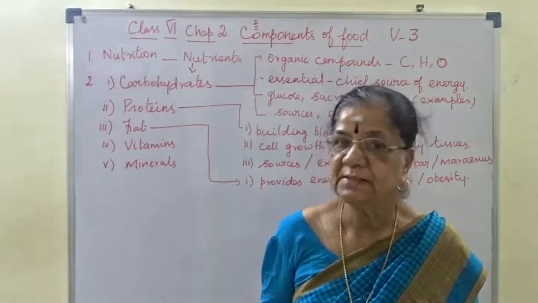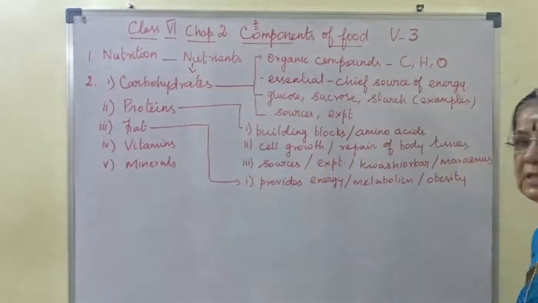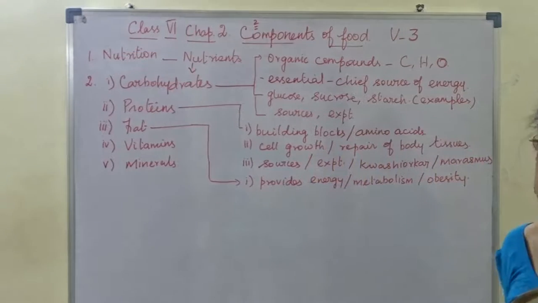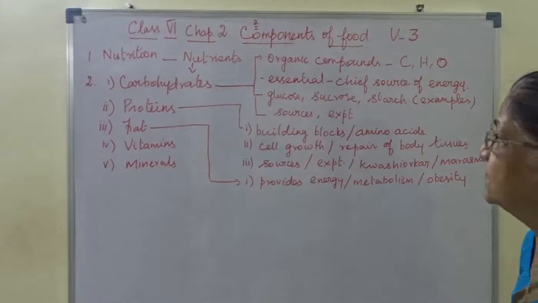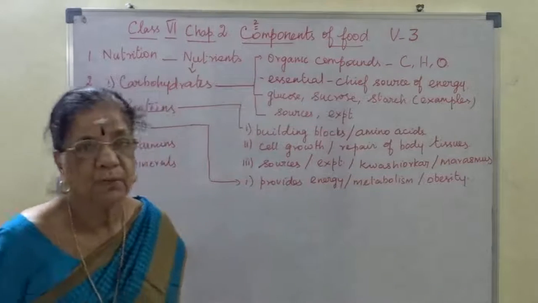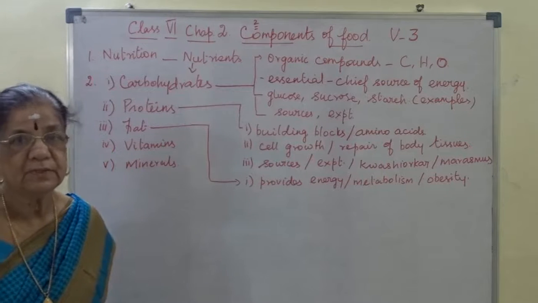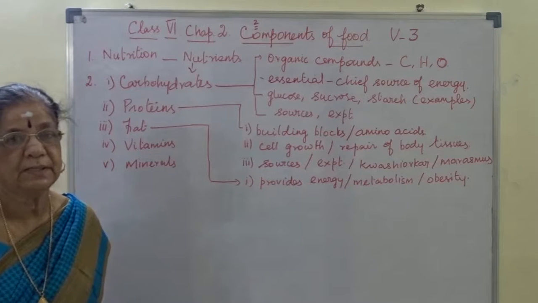Now the second one is components of food. That is chapter 2 in our textbook. What are the components of food? I said they are carbohydrates, protein, fat, vitamins and minerals.